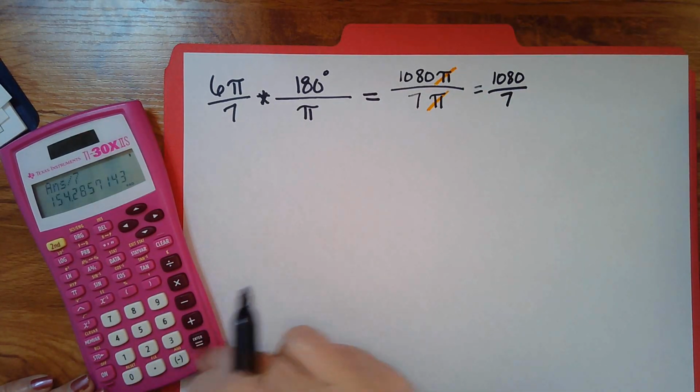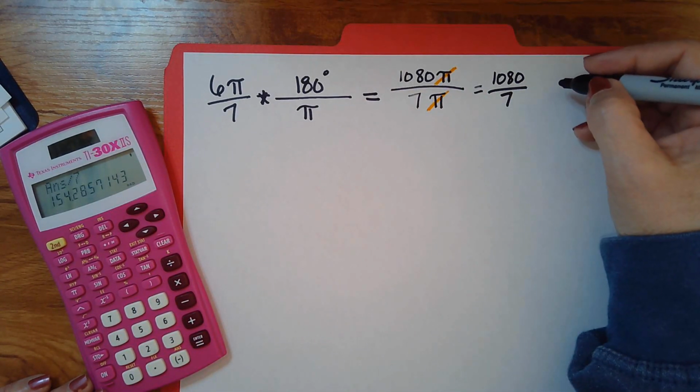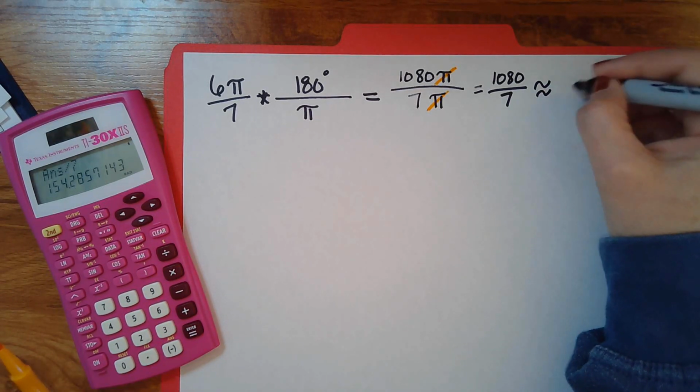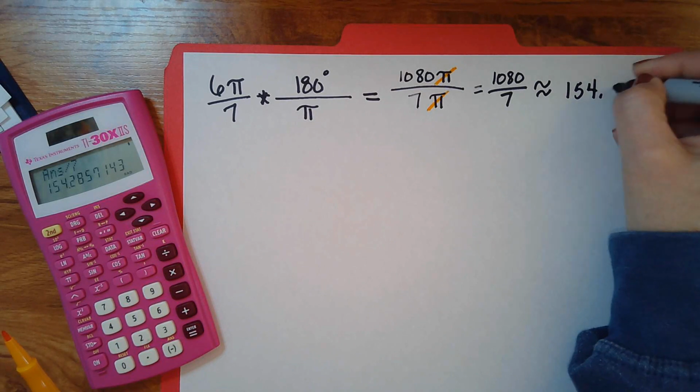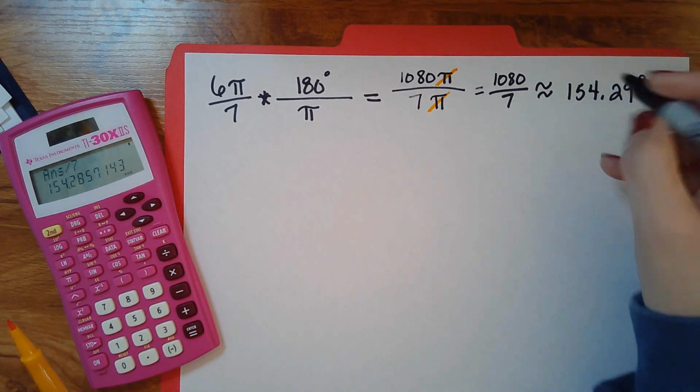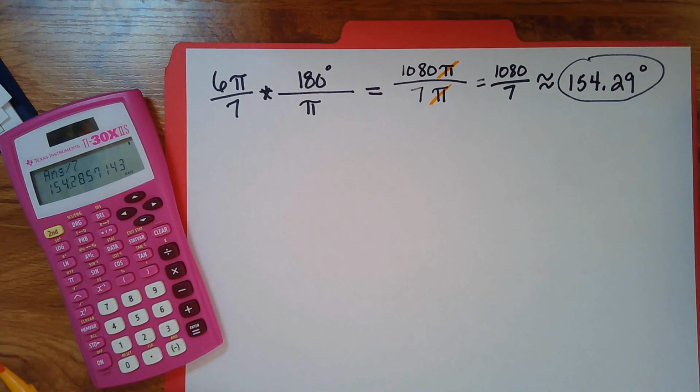And if I do that math, do I get anything nice? No, I get 154. Well, I'll round it for you. 154.29 degrees. Yeah, since I made that up in my head, it didn't work out very nicely, did it? Yeah, but that's okay. It's still accurate.